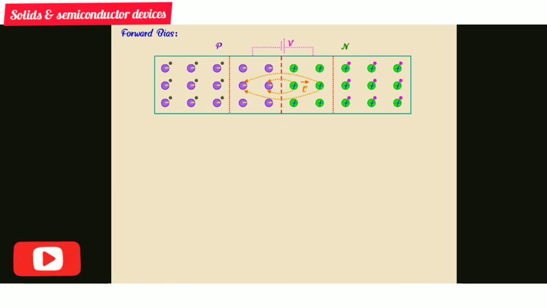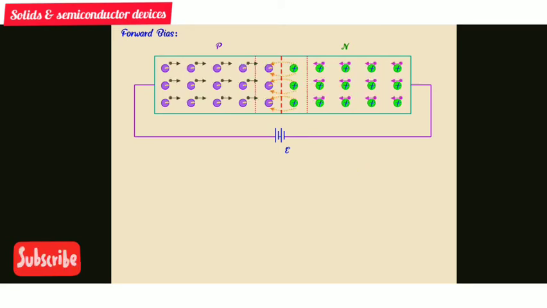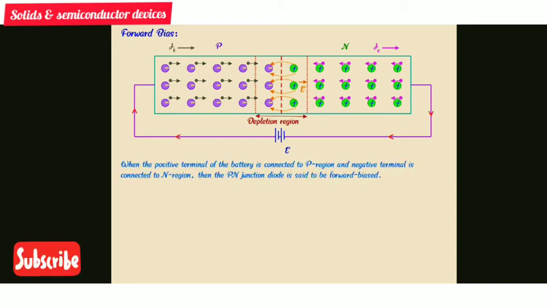Forward bias. We can see on the diagram, when the positive terminal of the battery is connected to the P region and the negative terminal is connected to the N region, then the PN junction diode is said to be forward biased.